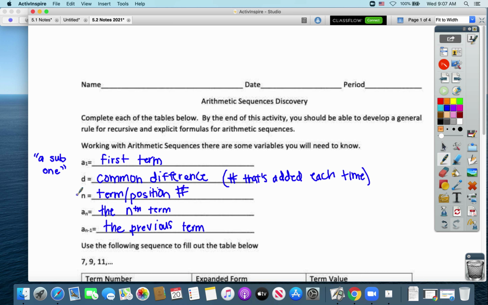So these 5 things are all going into our rules or our equations for arithmetic sequences. These are all variables. So kind of like when we had linear equations and we had y equals mx plus b, we were working with 4 different variables, but we got comfortable with those equations, knew what those variables represented. So we need to do the same thing with these variables that we're using for our sequences.